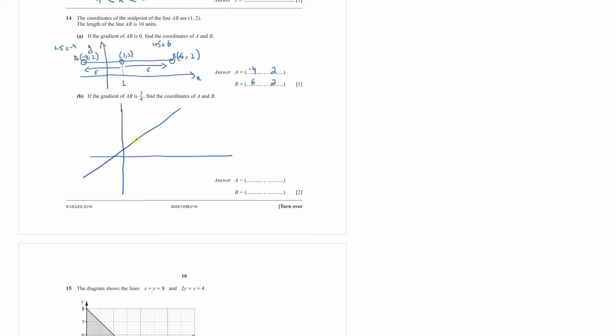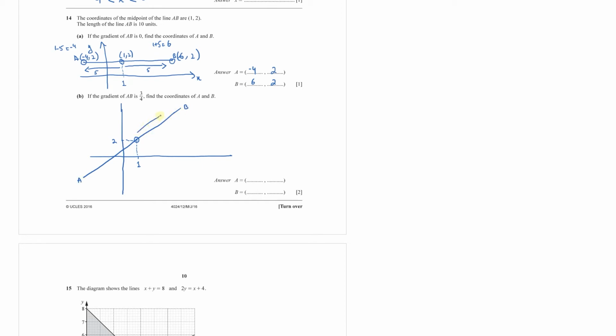So let's assume this is the midpoint here. So the x value is 1 and the y value is 2. And then point A is here and B is here.